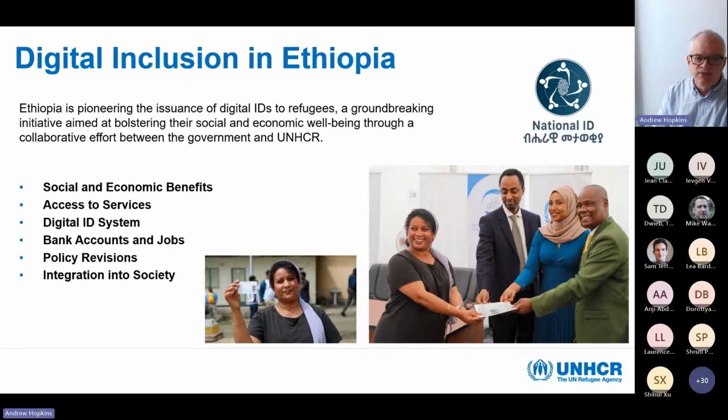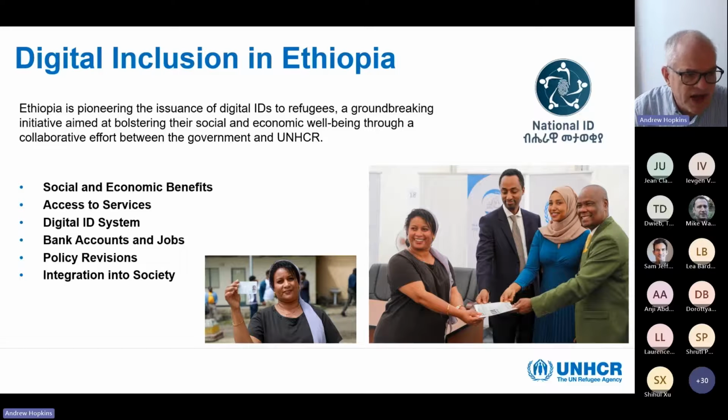Because of the regulatory environment in Ethiopia, this gives displaced persons who are not nationals in that country access to all manner of services and benefits that are afforded to the citizens of that country.